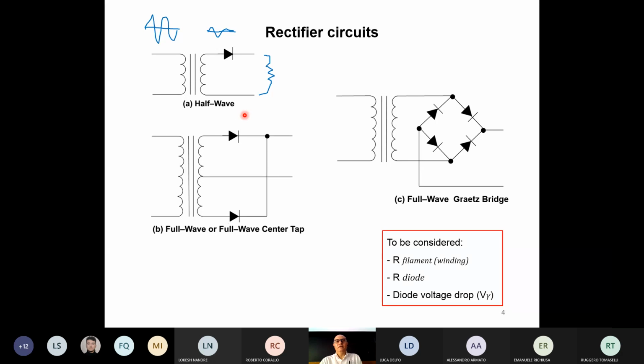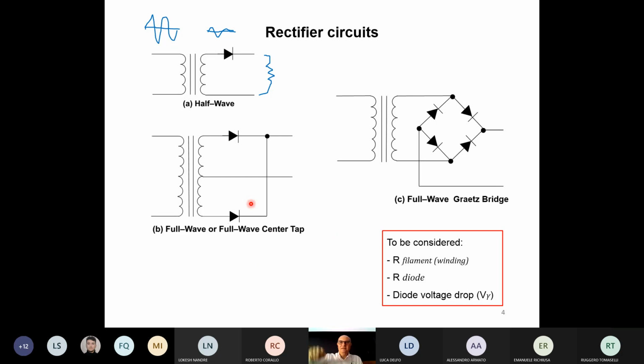If we want to instead use both half waves, we must use a transformer which basically has two output windings which are connected in series. Usually this is called also center tap. Tap means connection.